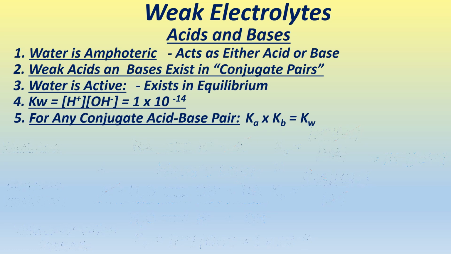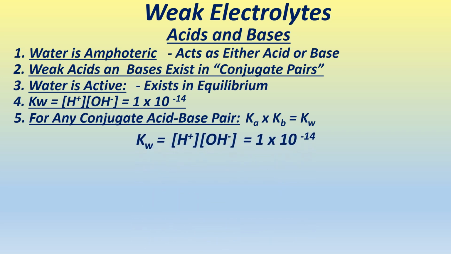Finally, the water dissociation constant also allows something very useful to develop. It stands to reason if an acid donates H plus and a base donates OH minus according to Arrhenius, if I have a neutral solution, the concentrations of H plus and OH minus are going to be equal.